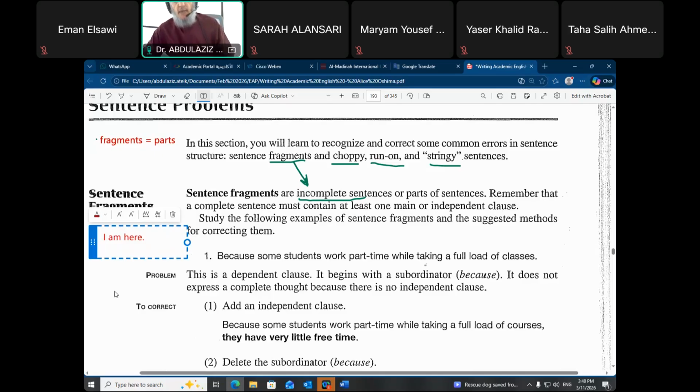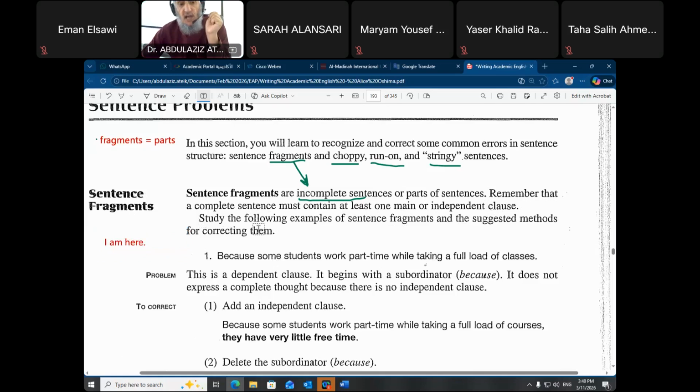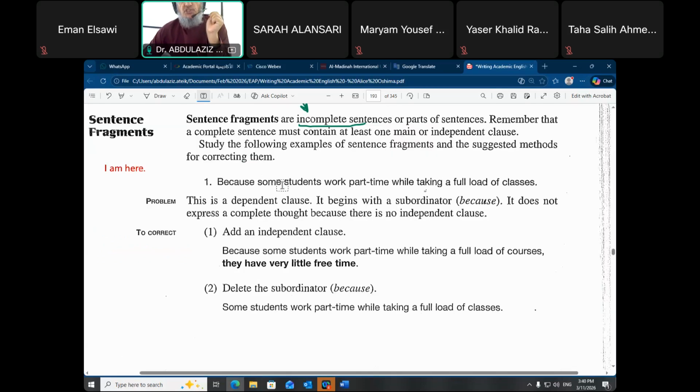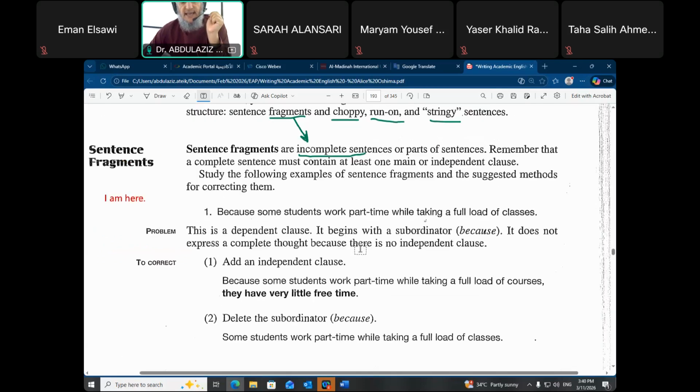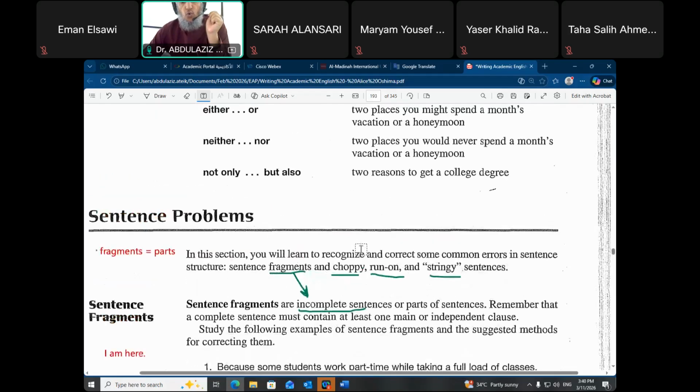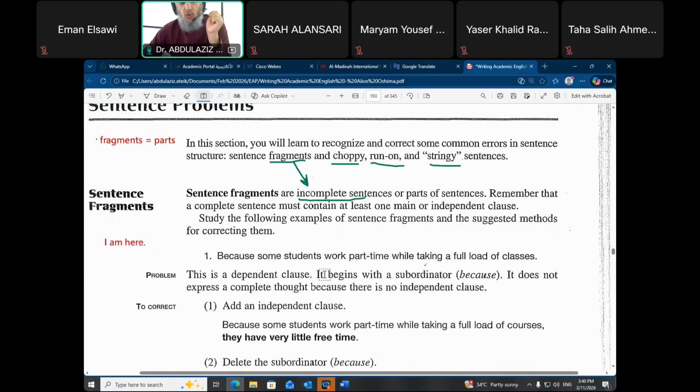So I am here is full, not a fragment. Study the following examples. Look at this: Because some students work, can you tell me what type of structure is this? Is it a full sentence or a fragment?